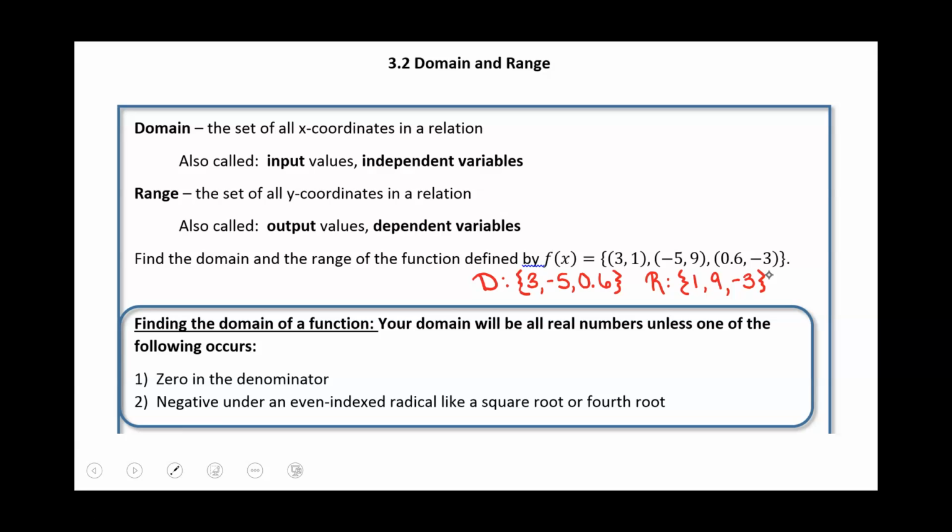So if that number is even, like a square root or a fourth root, you can't get a negative under that, because what's the square root of negative 1? It's imaginary, right? So when we're talking about domain values, input values, we can only use things that are going to give us a real output. We can't have undefined or imaginary.